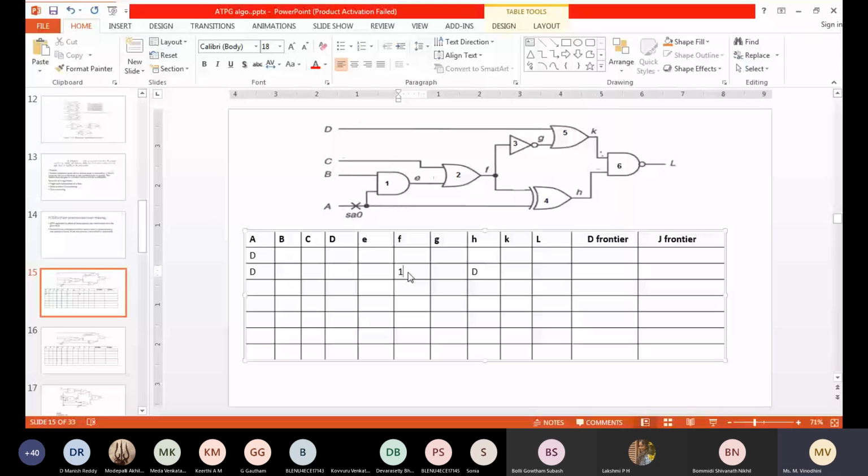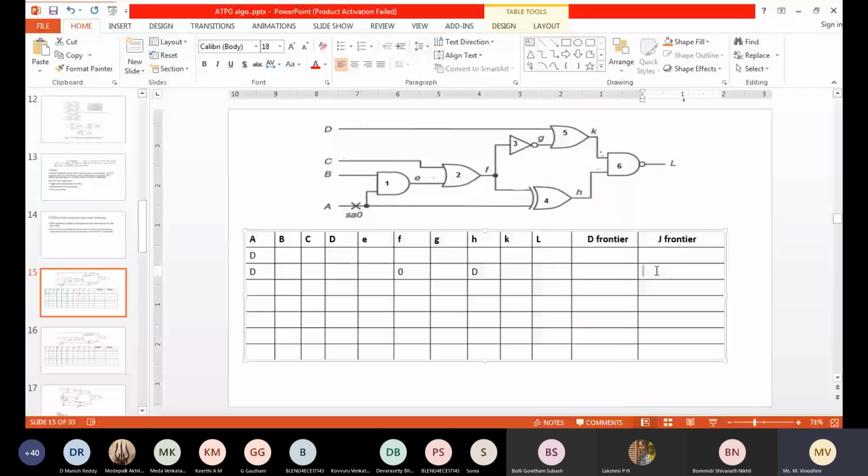Or it should be 0, it will work out. A is D, H is D. What should be F? 0. F should be 0. So gate number 4 will come under D or J. I know A, I know H, and I calculated F. So I calculated the input side, so this will come under J frontier, gate 4.